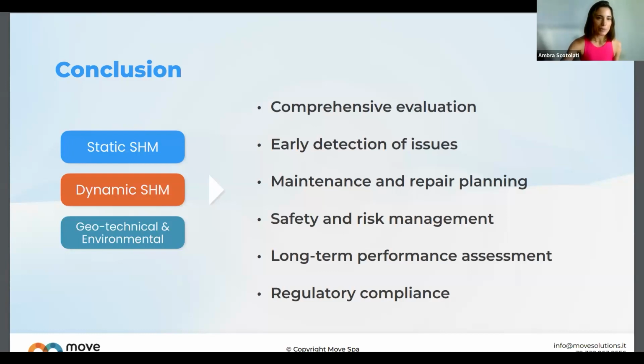So what we can say now is that we have understood that combining different techniques and different types of monitoring can give us a more comprehensive evaluation of infrastructure, which means early detection of issues, better maintenance and repair planning, better safety and risk management, better long-term performance assessment, and better compliance to the regulations that we have in each country.